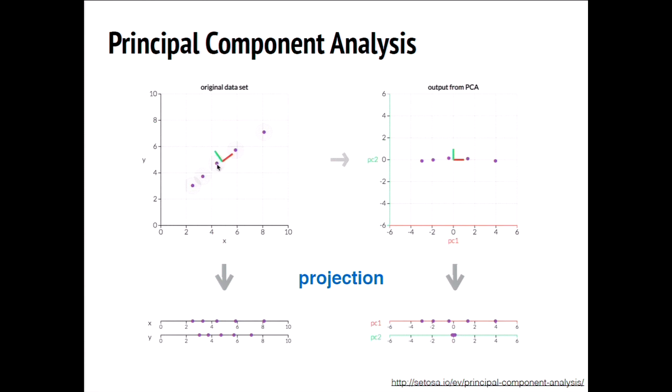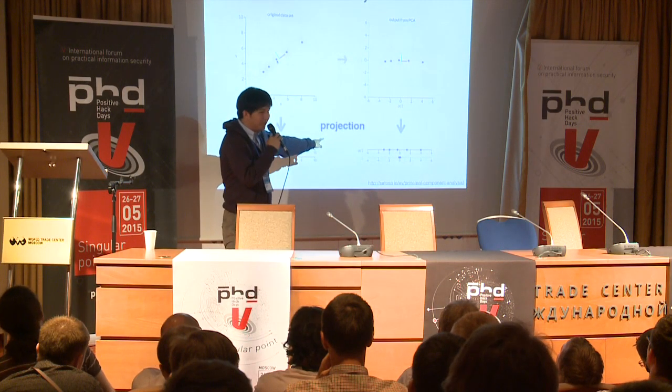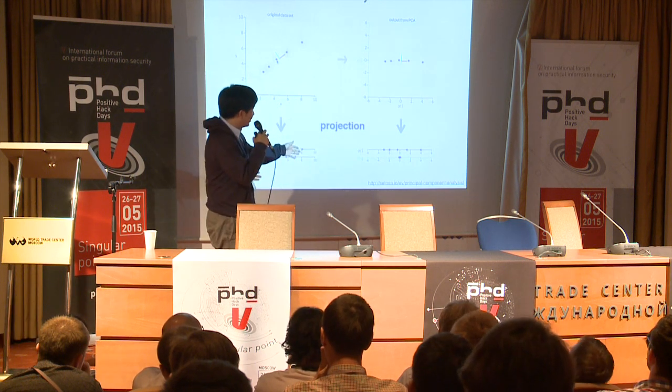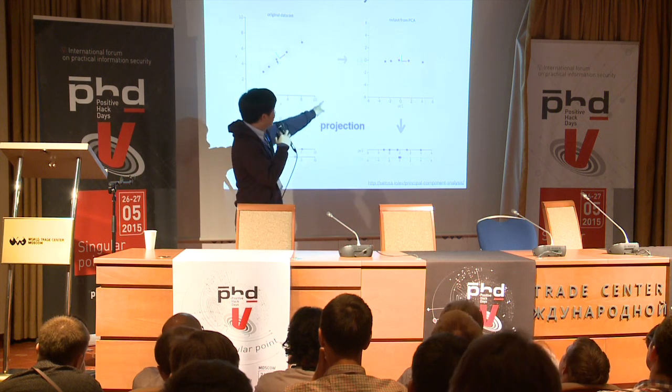So if you look at your data set here and you're looking for the principal components, what you do is you project it onto various dimensions, and you see how the variance changes. On the bottom right of this graph, you actually see PC1 and PC2, which stand for principal components 1 and 2. PC1 is on the x-axis here, and PC2 is on the y-axis.